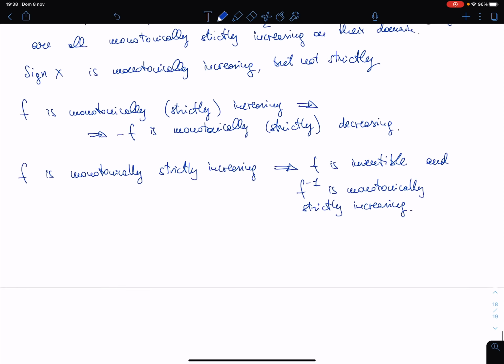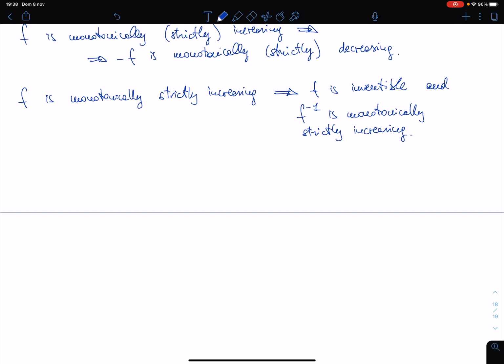This is very important to keep in mind, think of the logarithm and the exponential.